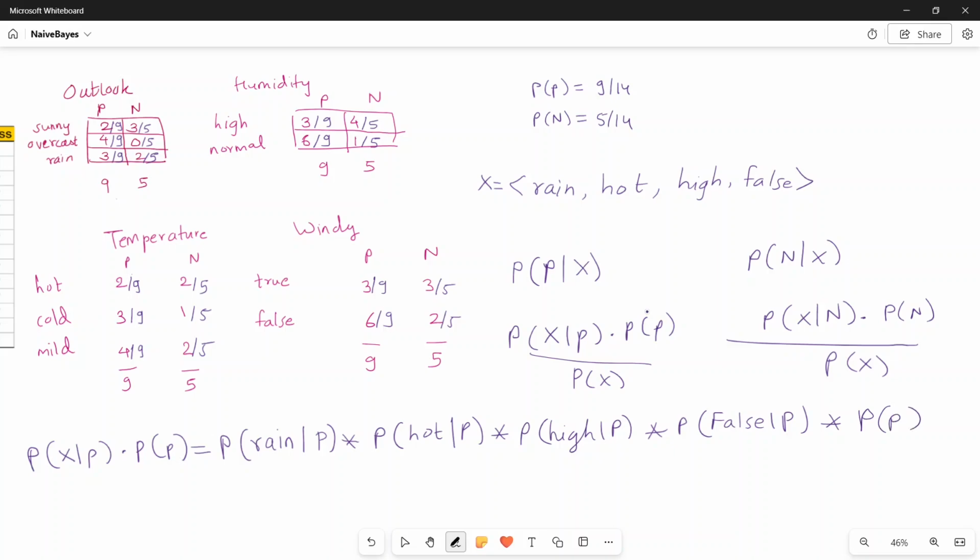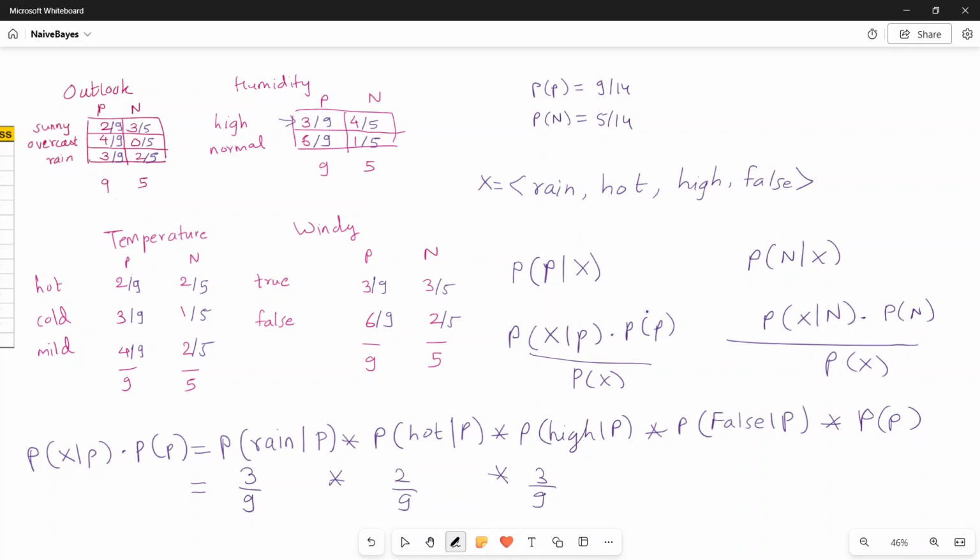And probability of p. Now, probability of rain given p, where will I find this? This is in the outlook table. So probability of rain given p is 3 by 9. Then the probability of hot temperature given p, I'll find in the temperature table, as 2 by 9. Then high humidity given p is again 3 by 9.